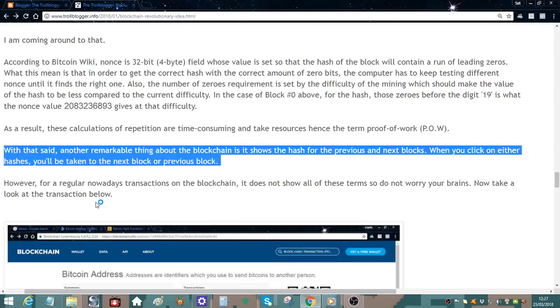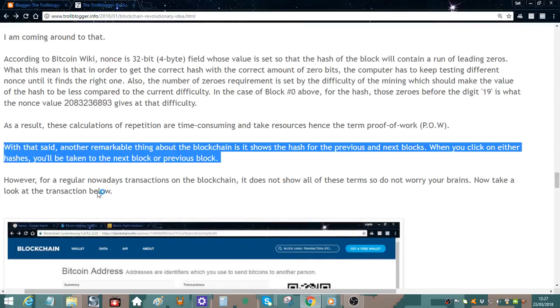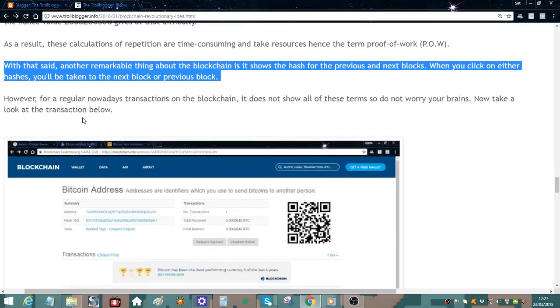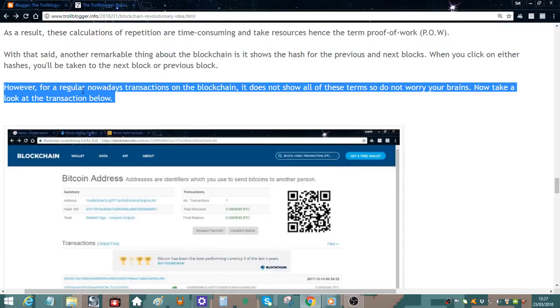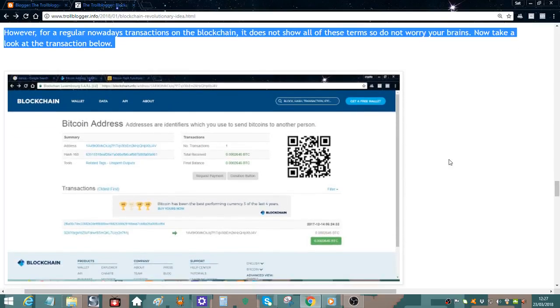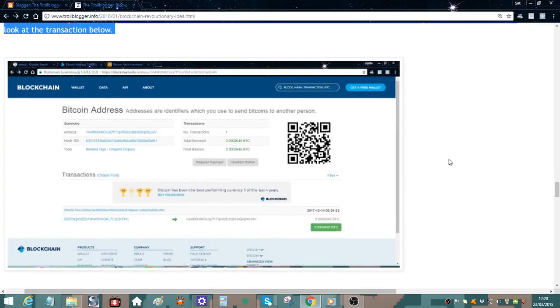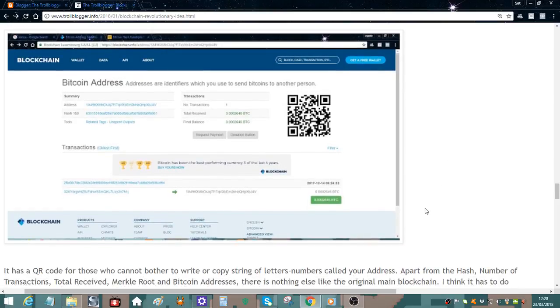With that said, another remarkable thing about the blockchain is it shows the hash for the previous and next blocks. When you click on either hash, you'll be taken to the next block or previous block. However, for regular nowadays transactions on the blockchain, it does not show all of these terms, so do not worry your brains. Now take a look at the transaction below.